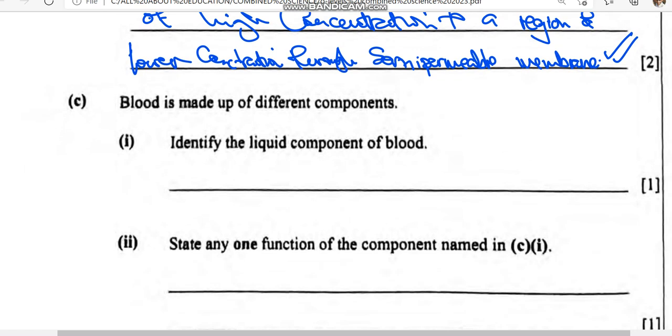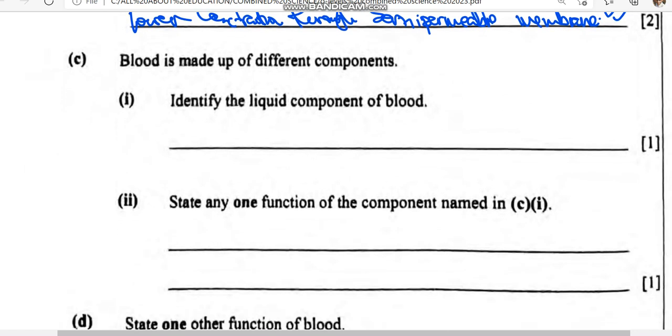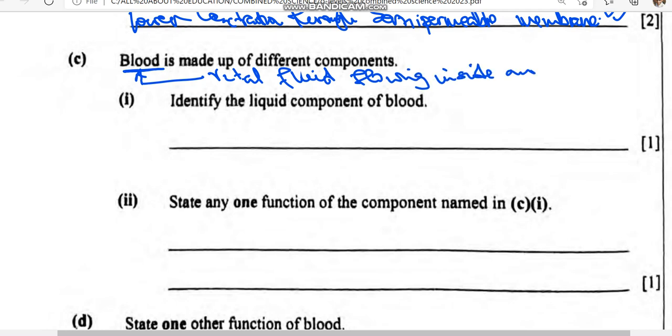Right, next question, it says blood is made up of different components. So let me just give you the definition of blood. What is blood? It's just a vital fluid, which means an important fluid, flowing inside our bodies.